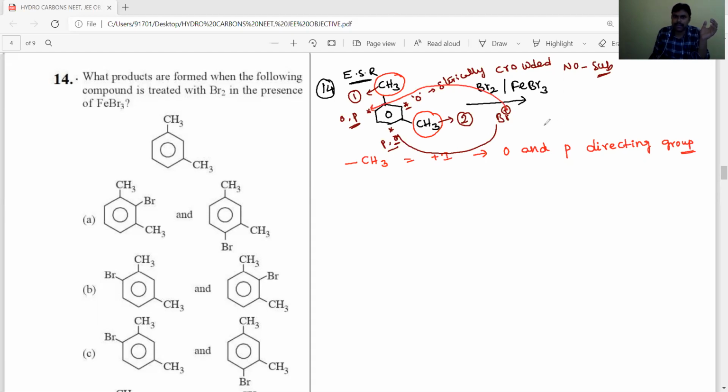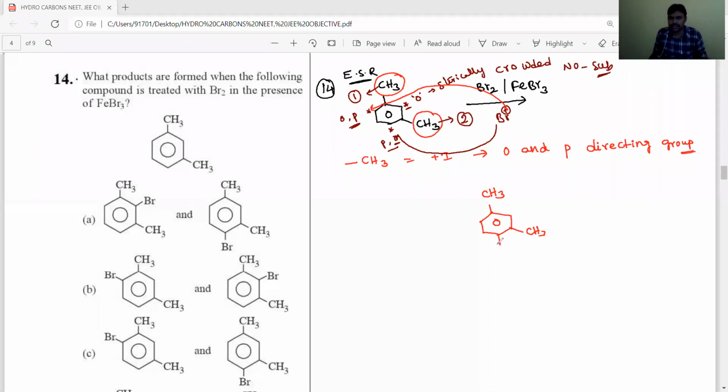Now the resultant product: write the CH3 groups as they are. The electrophile Br plus cannot attack the middle carbon between the two CH3 groups, even though it is ortho to both, because it is sterically crowded. No substitution takes place.